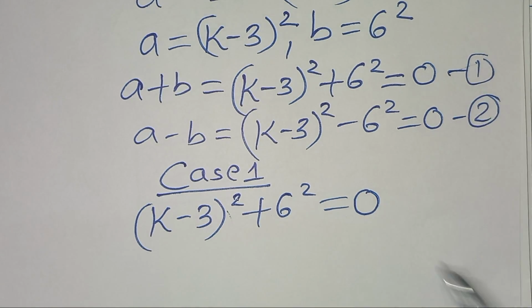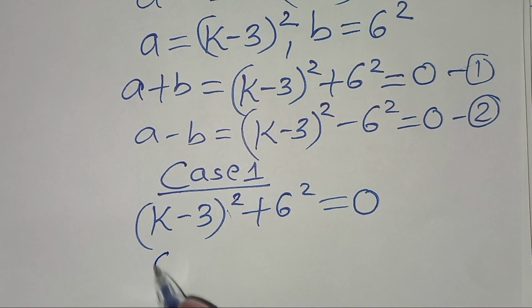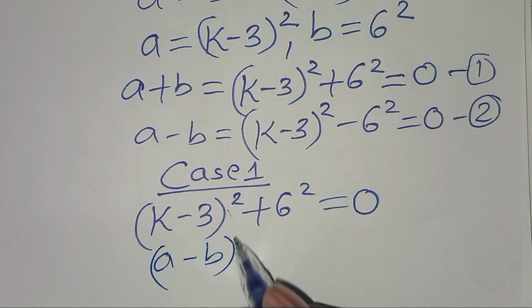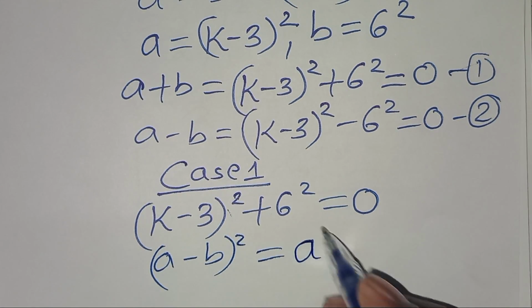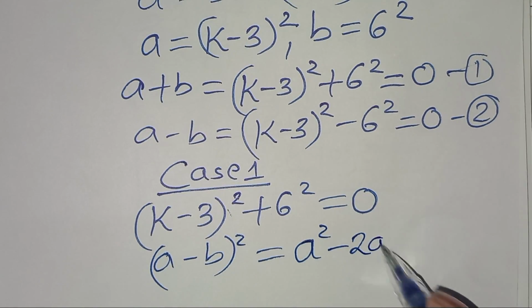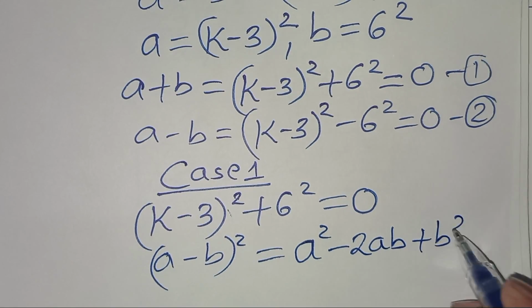This is case 1. Now, k minus 3 squared is in the form of a minus b squared, which we can express as a squared minus 2ab plus b squared.